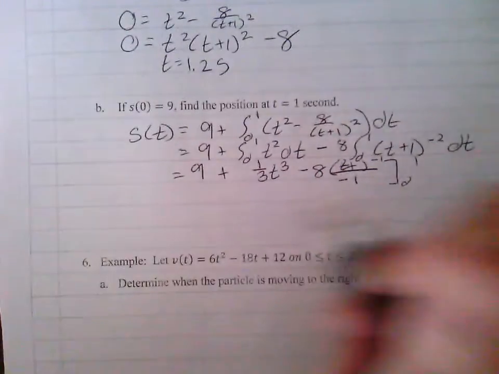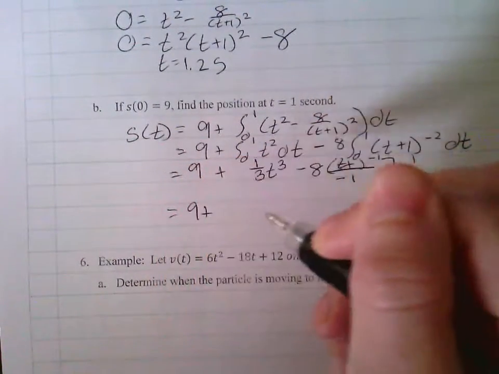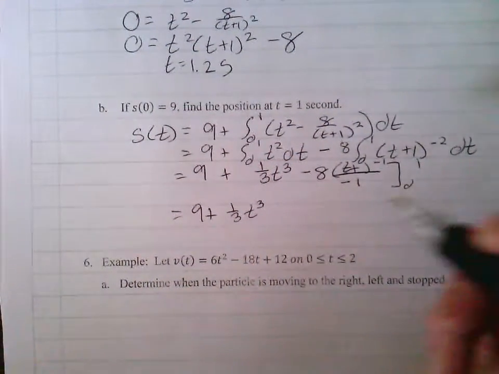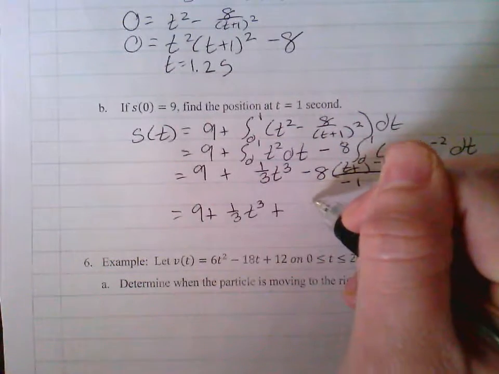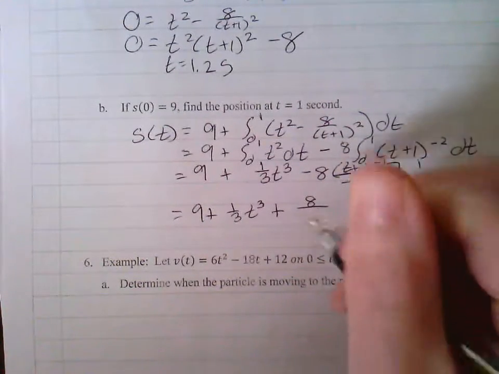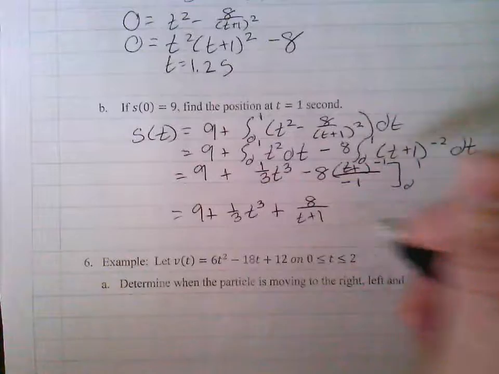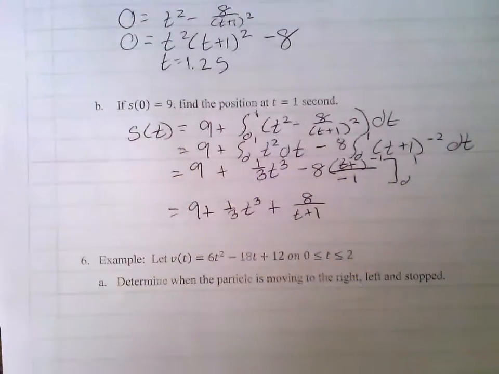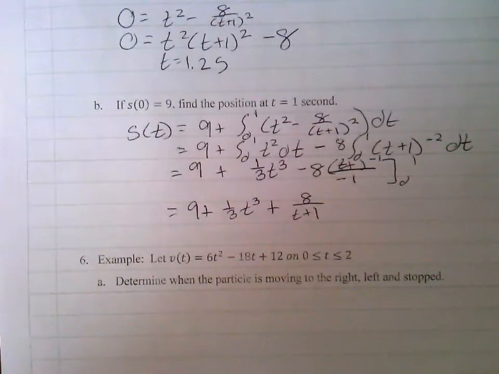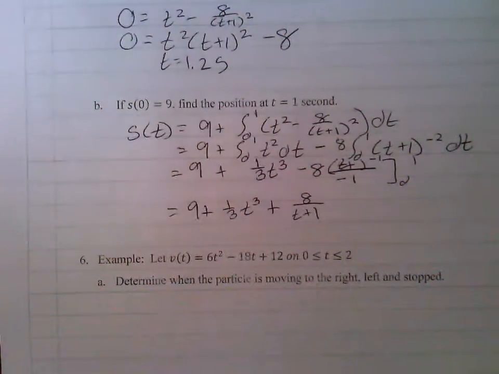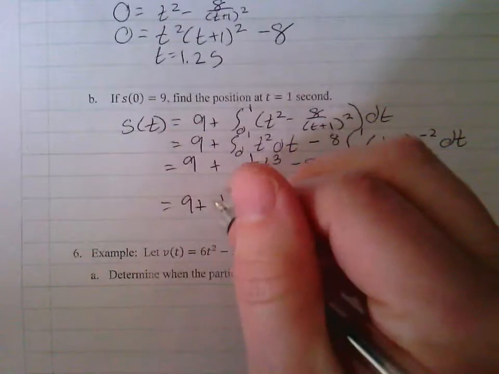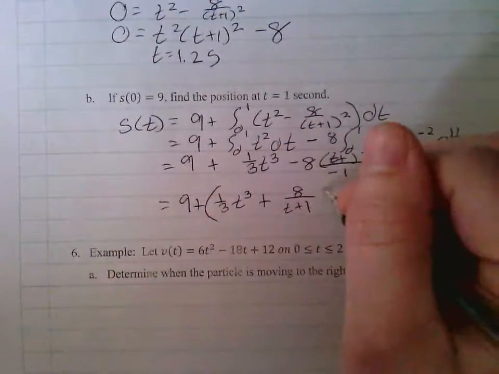Evaluated from 0 to 1, which is going to be 9 plus 1/3 t cubed plus 8 over t plus 1. Okay, now you're going to do 0 to 1. I'm not worrying about the 9 with the 0 to 1.